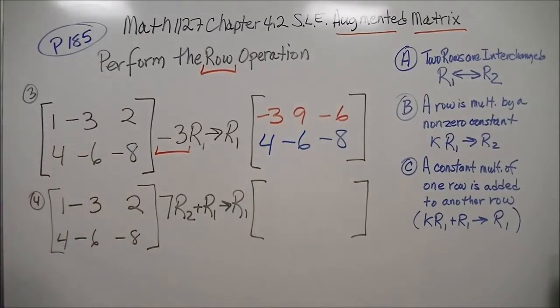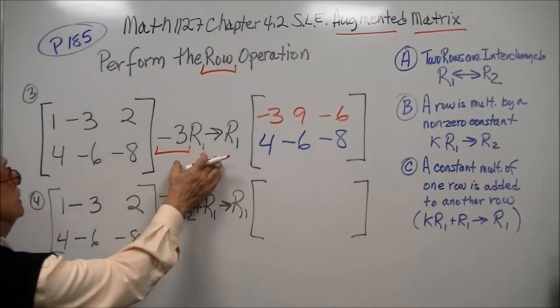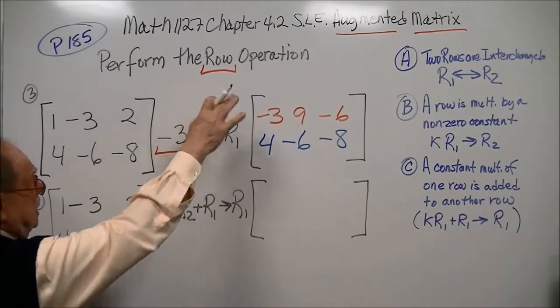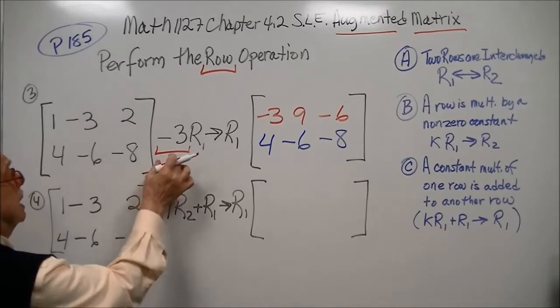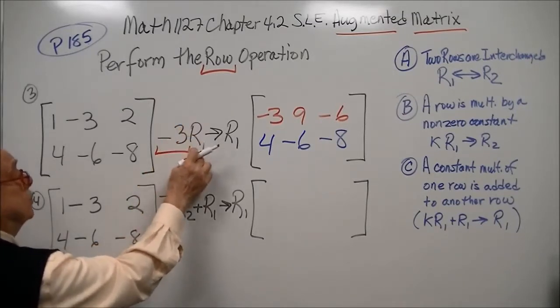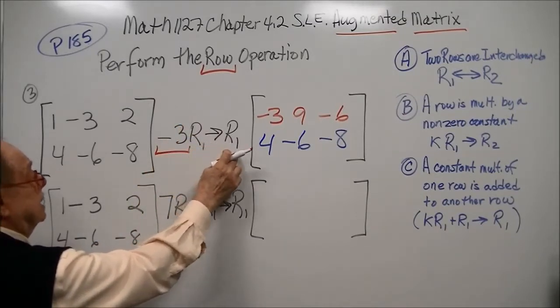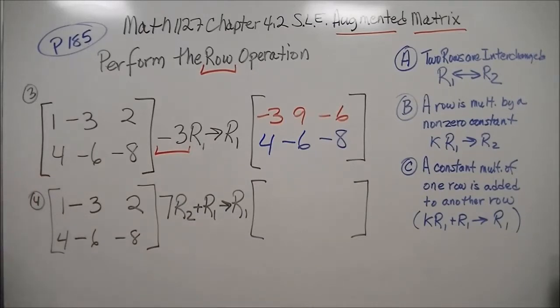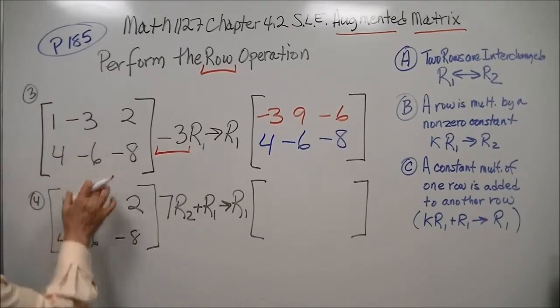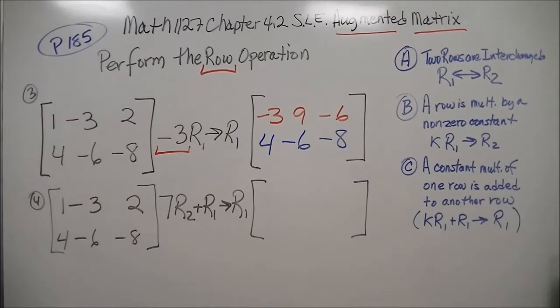So we have made those row modifications following this charge of our row operation. Constant times row 1, yielding and replacing row 1. Row 2 doesn't change at all. Now, in number 4, it starts to get a little more complicated. Let's look at what our instructions are.